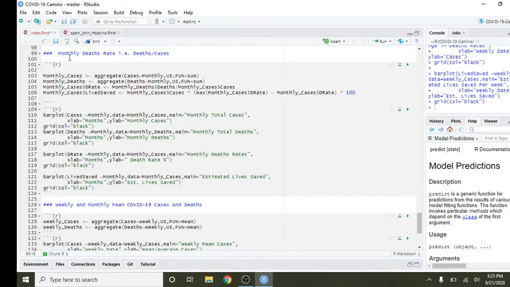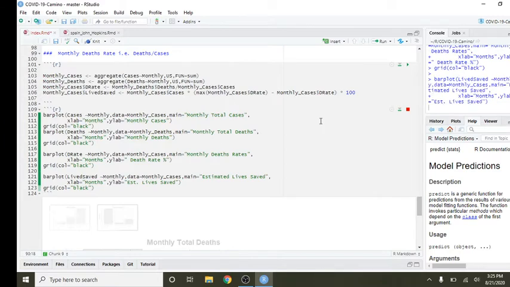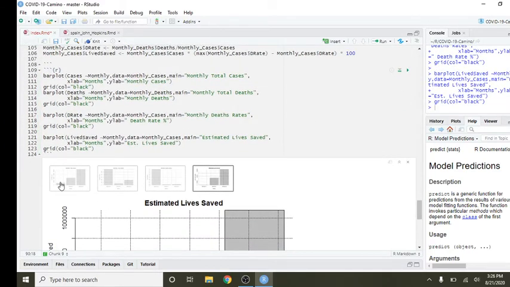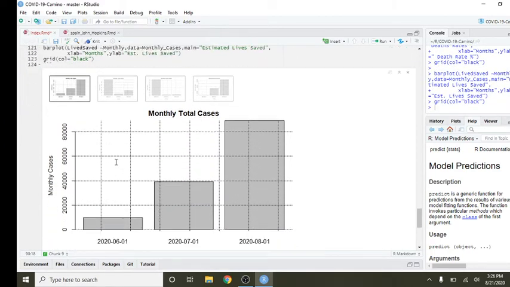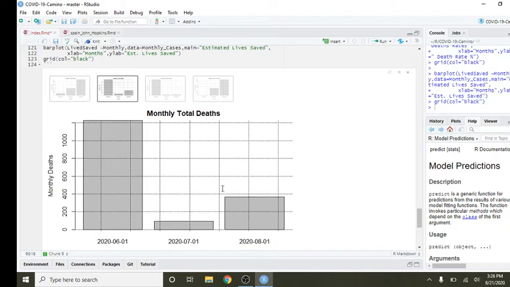Okay, so we got here now monthly death rate and dates and cases. Do the plot here. Cases per month, you can see that August has really surpassed July. Deaths have not caught June, apparently.